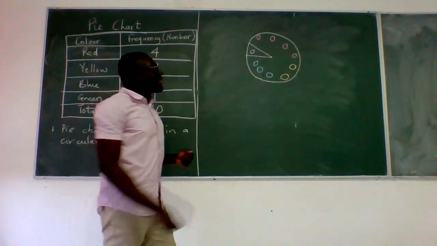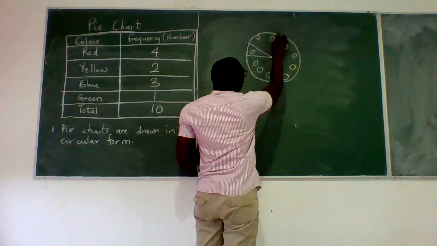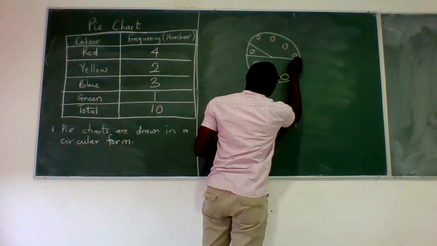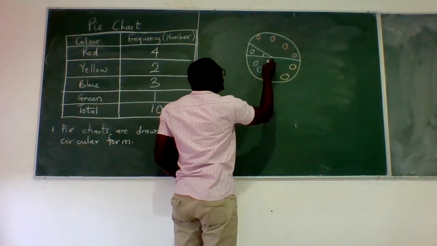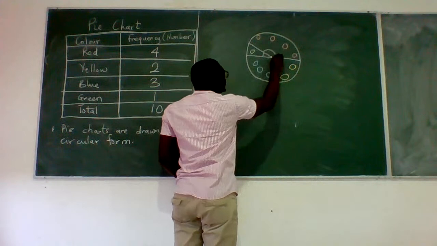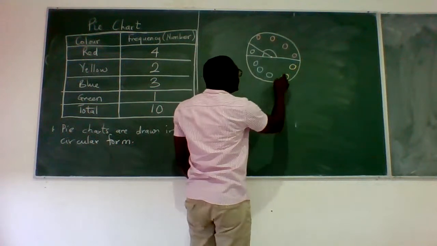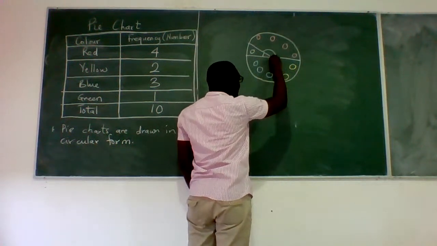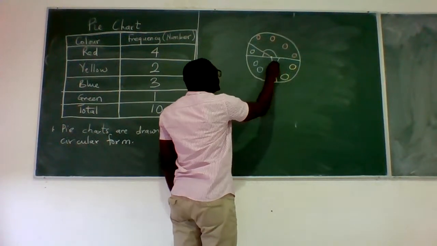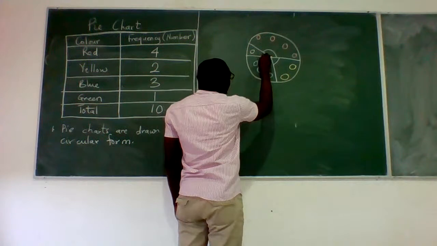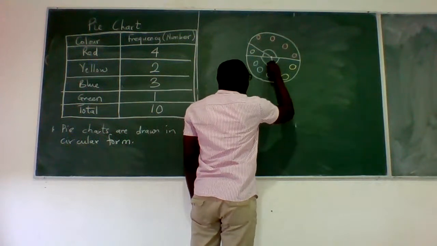Now with the red guys, they start from here, they move until they get to this side. So we have this, we have that. And then the yellow guys, they are also here. So from the center, I move up to this point. So I have this one too. And then finally, the blue guys are also here.